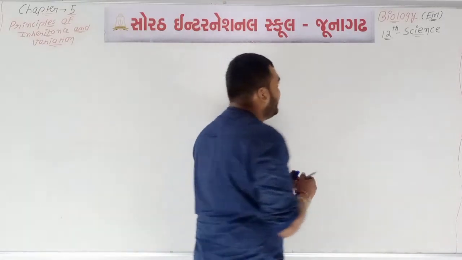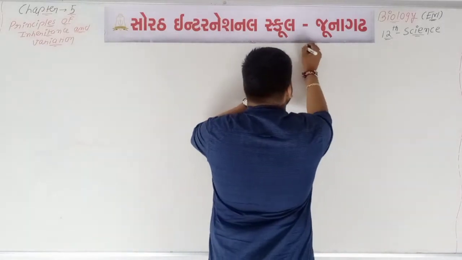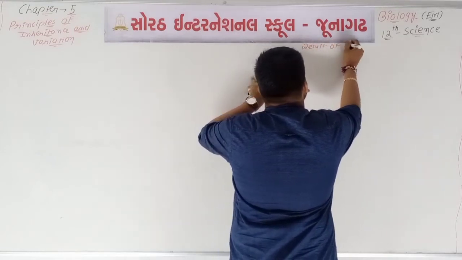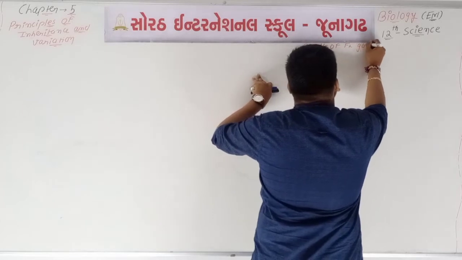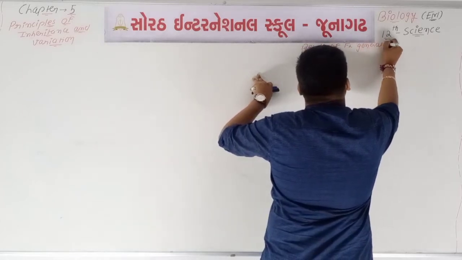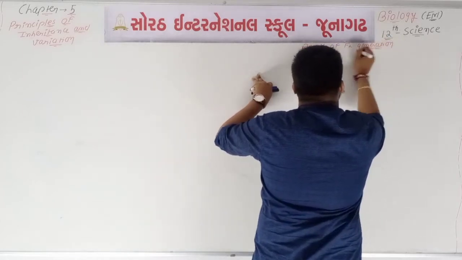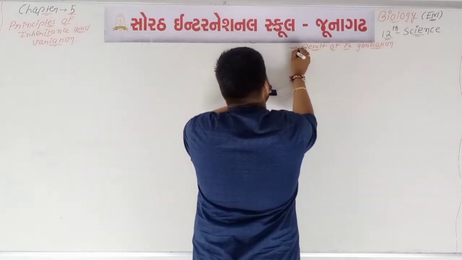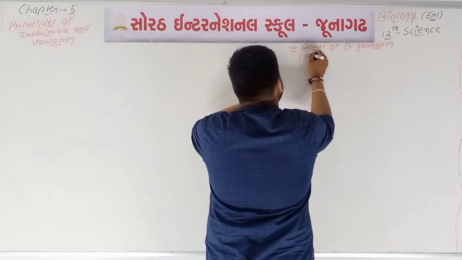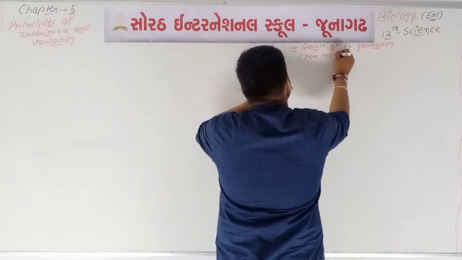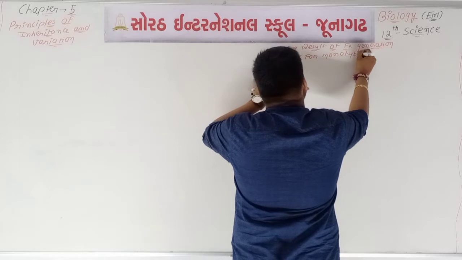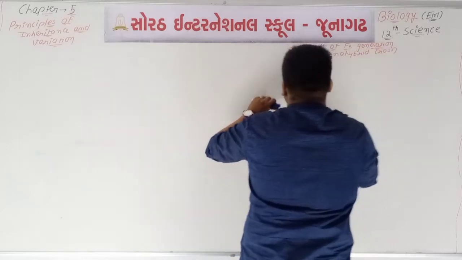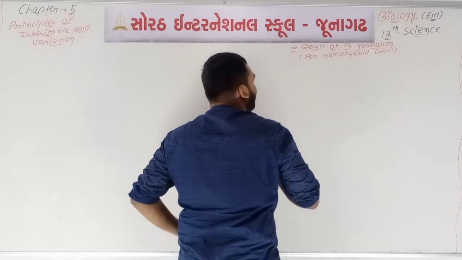So I am writing here the result of the F2 generation for the monohybrid cross. Two types of results are there.